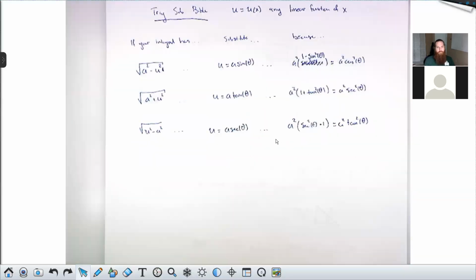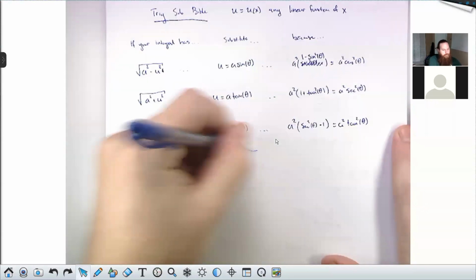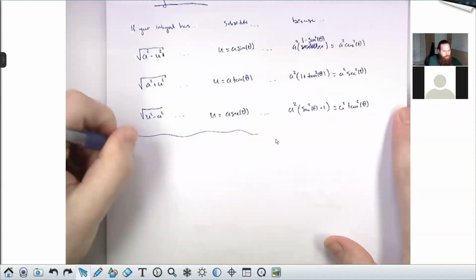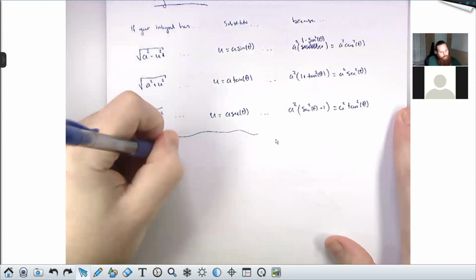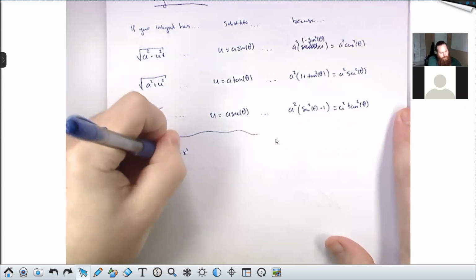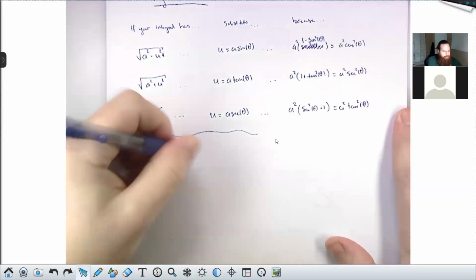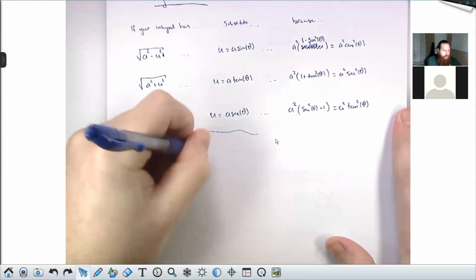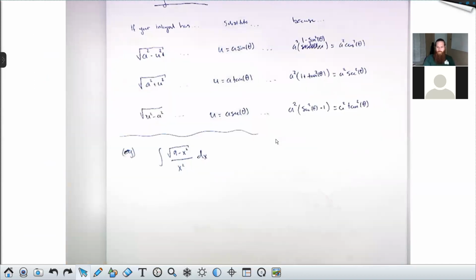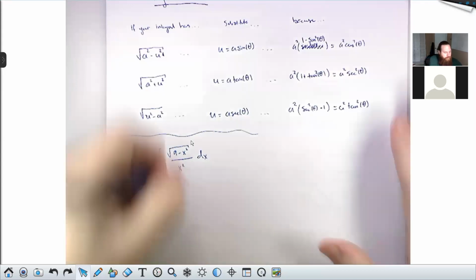So let's try this guy. I want to integrate. I've got 9 minus x squared under the square root upstairs, and downstairs was it x or x squared? x squared. What is a here?